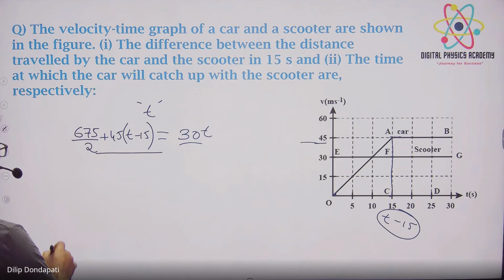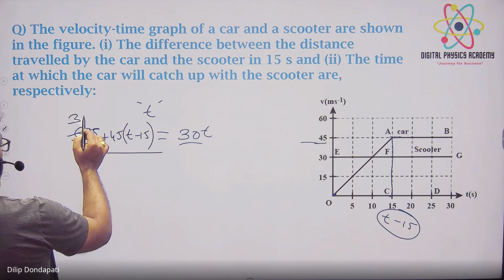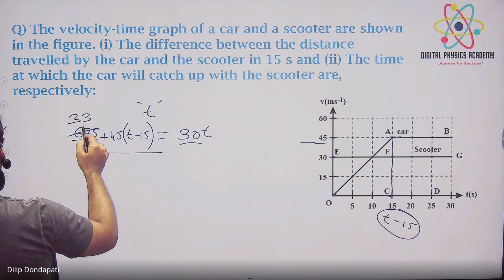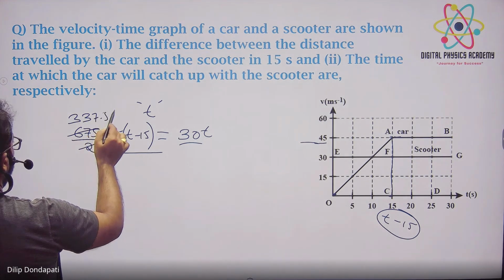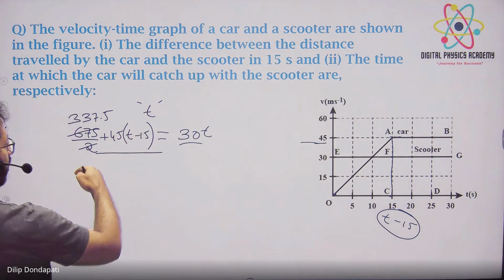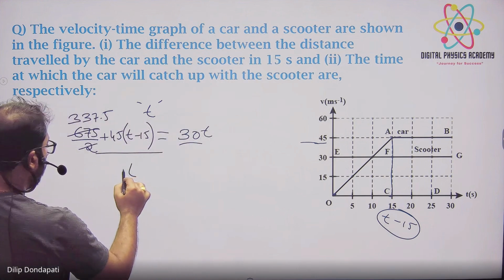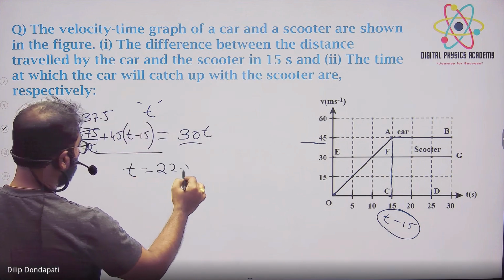Sir, I'm getting negative. Just multiply: 2 3s are 6, 2 7s are 14, 337.5. Multiply this all, bring everything to one side and write the answer, you can calculate later. t is equal to 22.5 seconds.